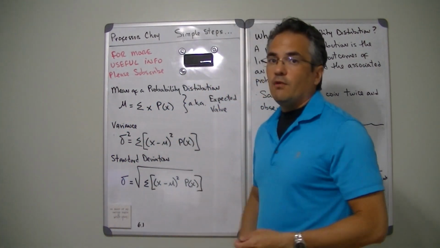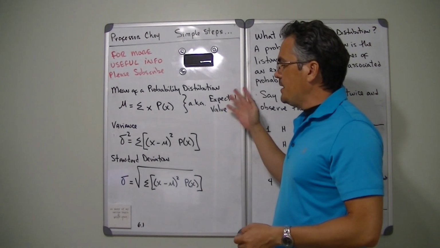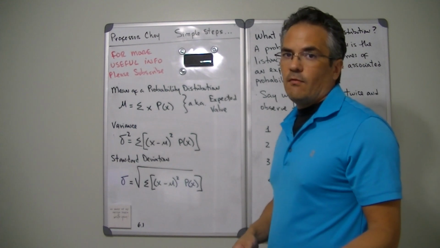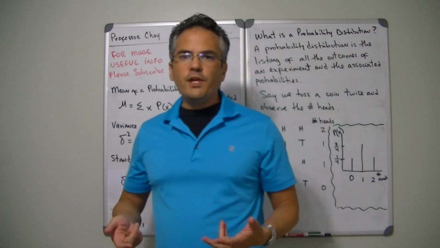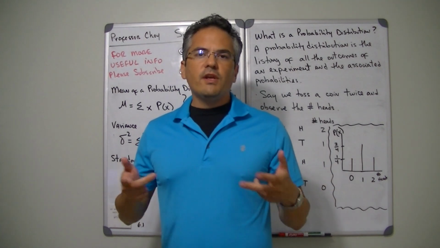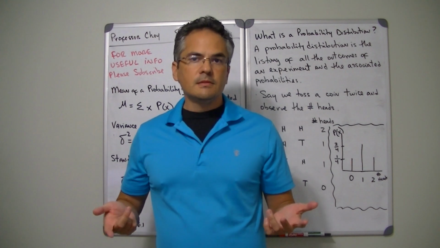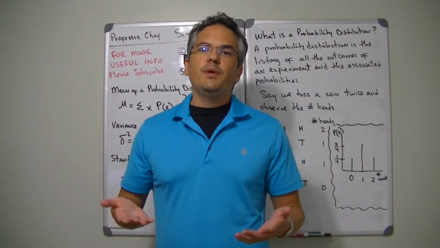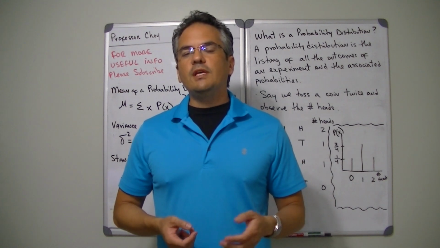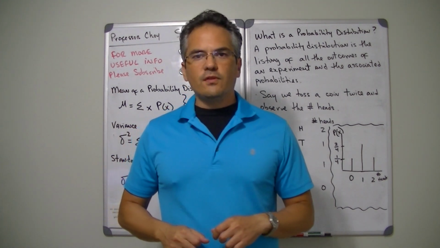Alright? Now when you have a probability distribution, we can calculate things like a mean, variance, and standard deviation. And if you watch other videos that I've already published, with a mean and a variance, or a mean and a standard deviation, we can start making assumptions about these particular probabilities, especially the amount of people on a probability basis that will land within a certain amount of standard deviations from the mean.